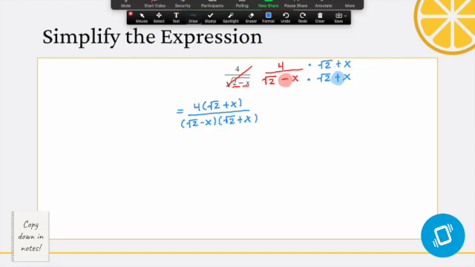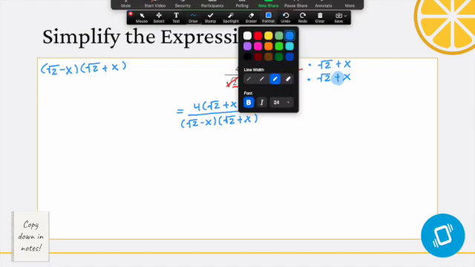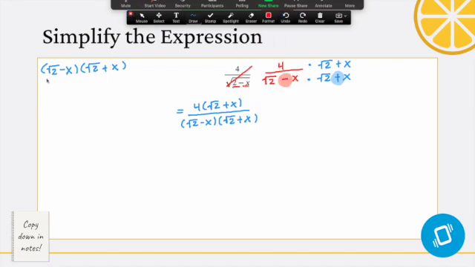So I'm going to FOIL the bottom first because the bottom seems the longest at least. When I FOIL the bottom here, I need to multiply square root of 2 with the square root of 2 and also with the x. And then over here, I have to multiply negative x with the square root of 2 and positive x.